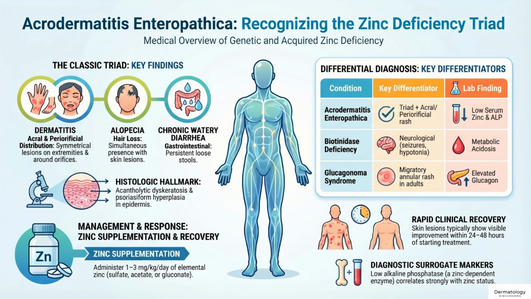Right. Without it, the highest stress areas, those acral and periorificial regions that are constantly exposed to friction and moisture, just crumble. But why exactly do these specific sites fail first? What makes the mouth and the hands so vulnerable? Well, the mortar and brick wall is a highly accurate way to visualize this. Those specific areas have the highest rates of epidermal turnover in the entire body. Because they're always in motion. Exactly.